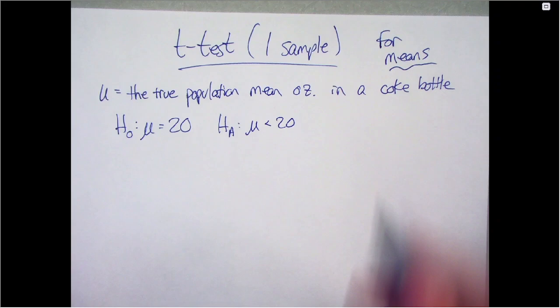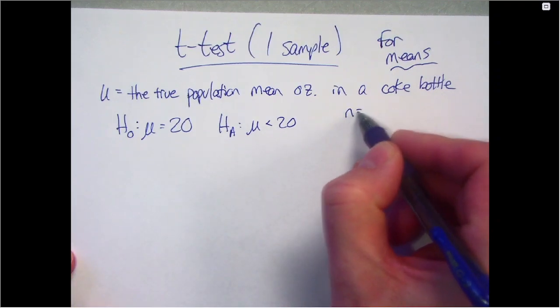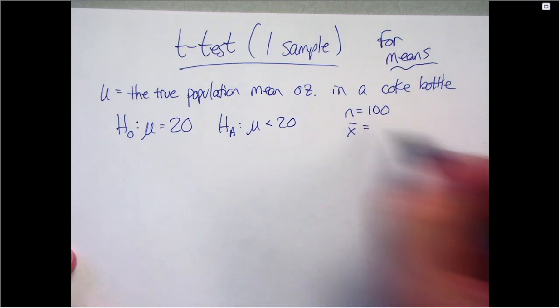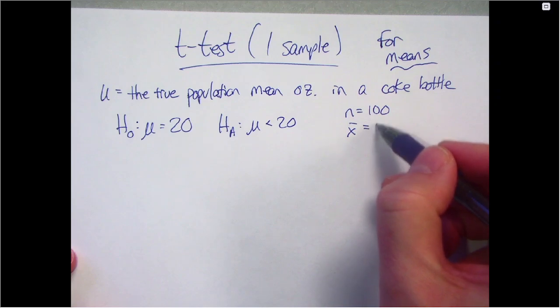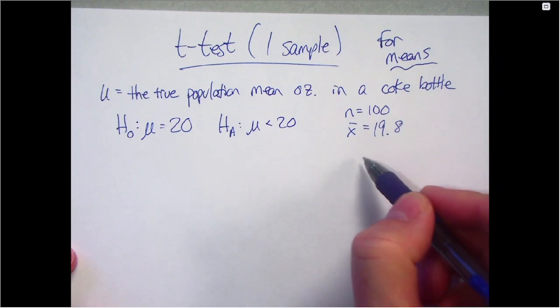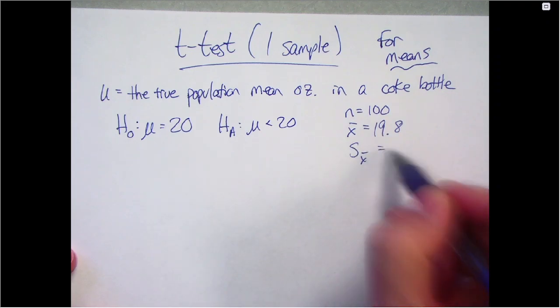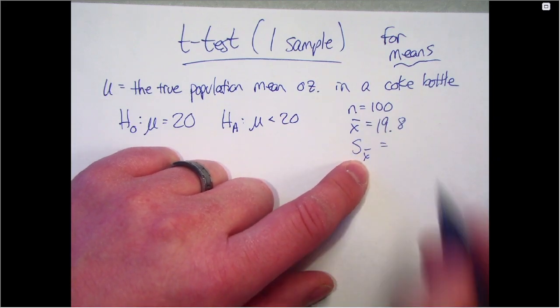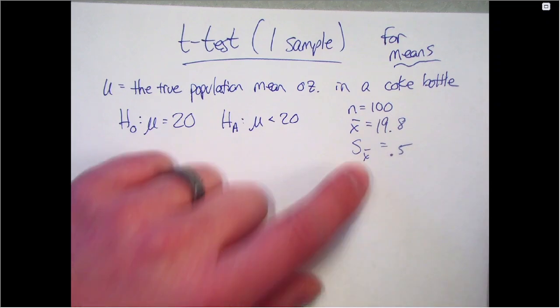And let's say that we did a sample size of 100. Our x bar came out to 19.8. And our standard deviation, that's the standard deviation of x bar, let's say it was 0.5.